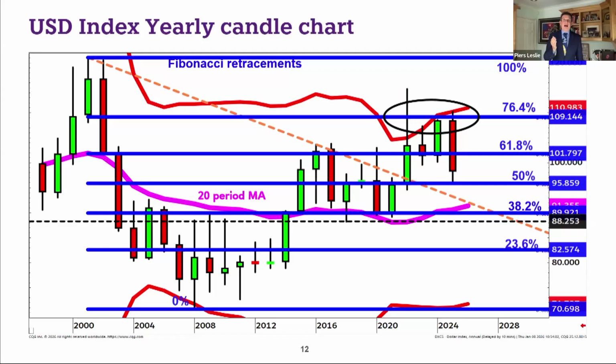And I wouldn't write off the dollar too soon, because there's a lot of people talking about a weaker dollar because it's what the president wants and what the Fed are maybe going to cut. But it's not always politicians and central banks who actually control where price action goes in markets.